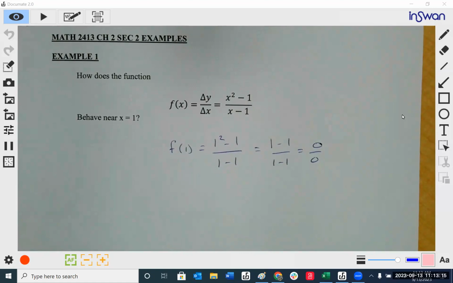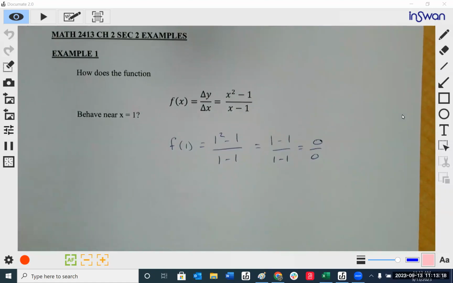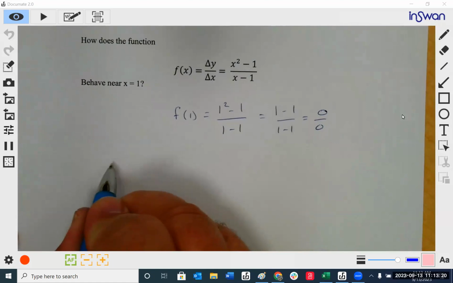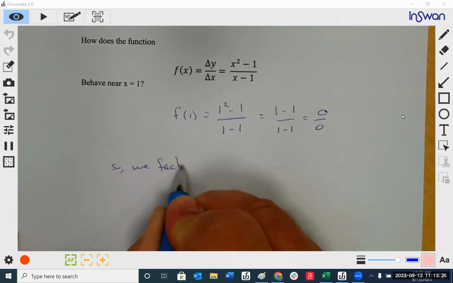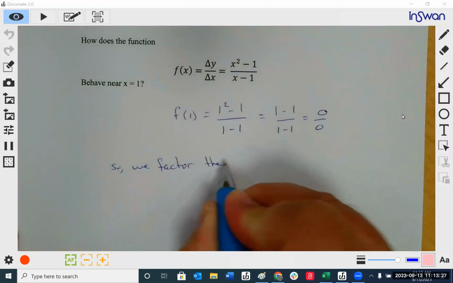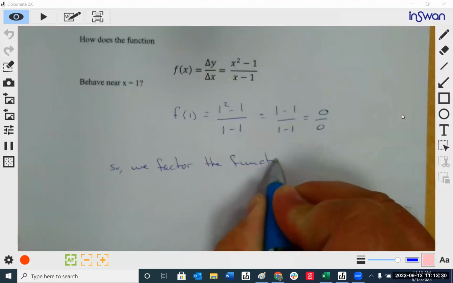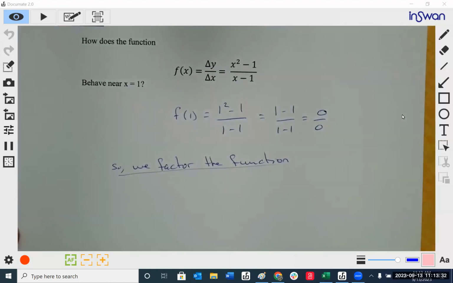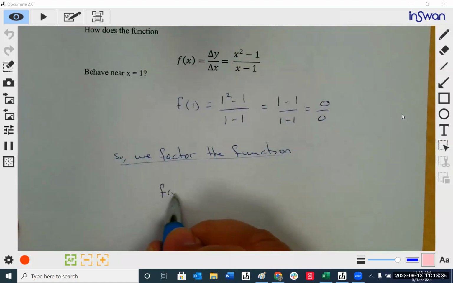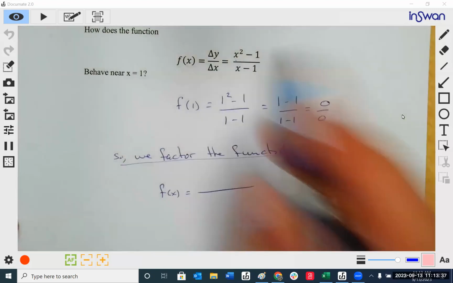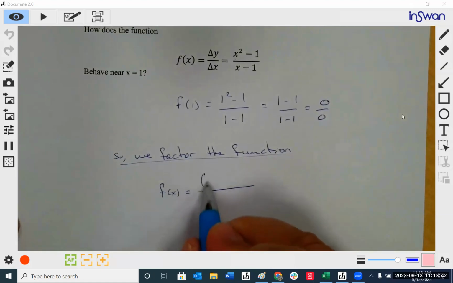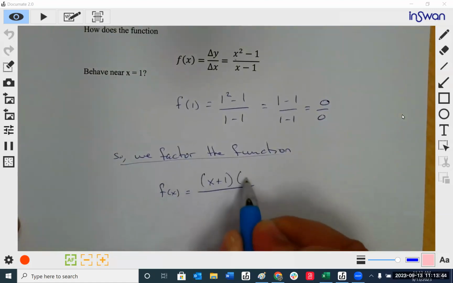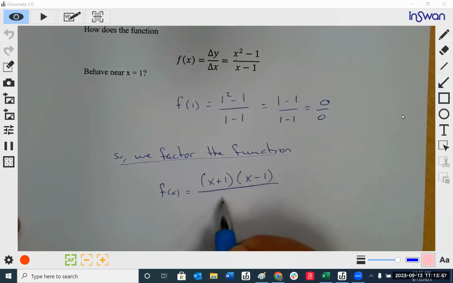So what do we do? We factor the function. So f of x now becomes, this is a difference of two squares, x plus 1, x minus 1 over the bottom x minus 1.